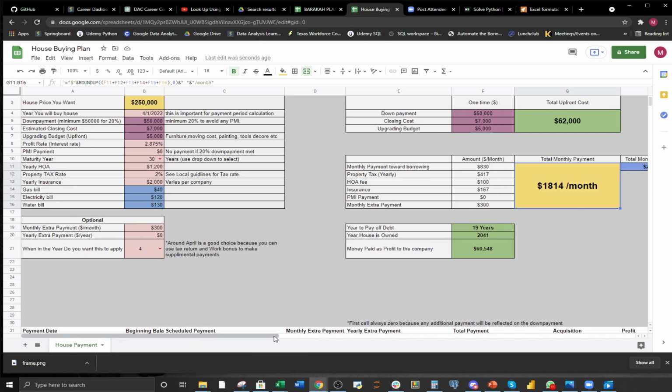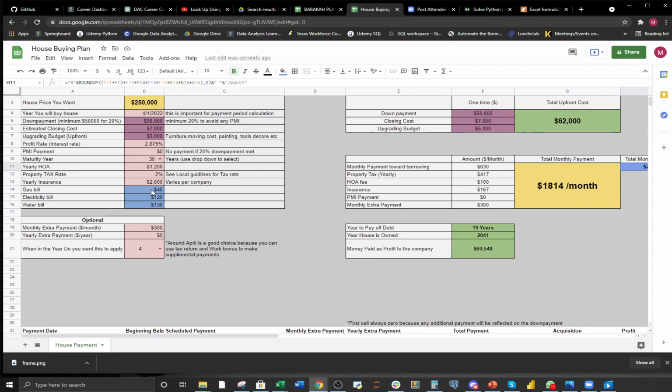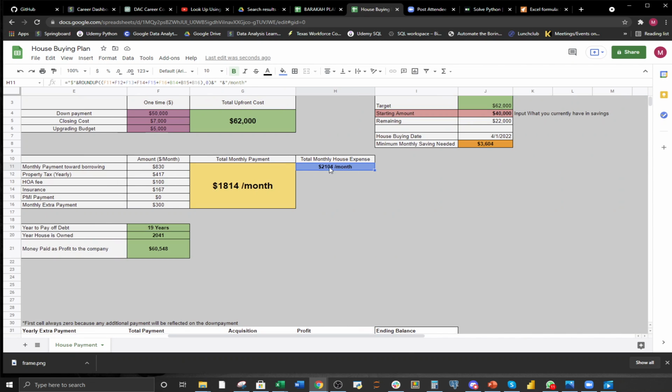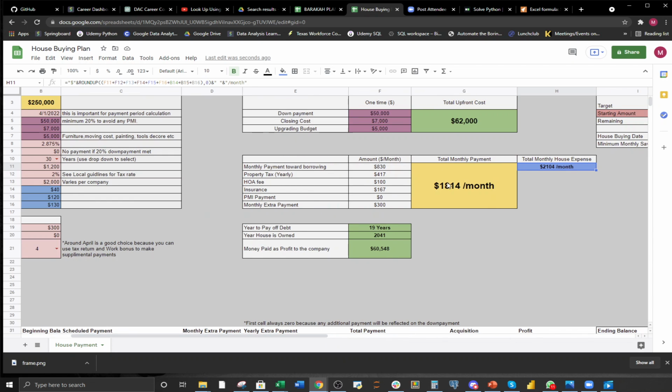And then this is the number that finally shows you the amount that you'll be paying each month. And this is the number that we talked about that also includes the bills. So basically, the blue number is the actual amount that you'll be spending just to keep the house, which includes this number and the bills.